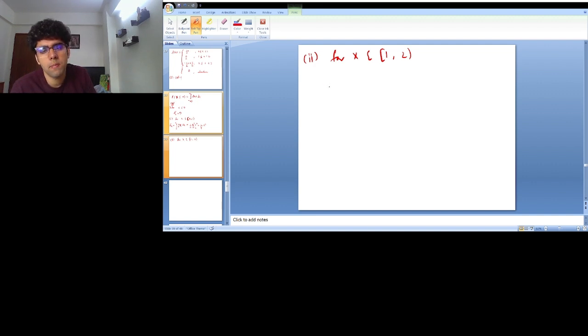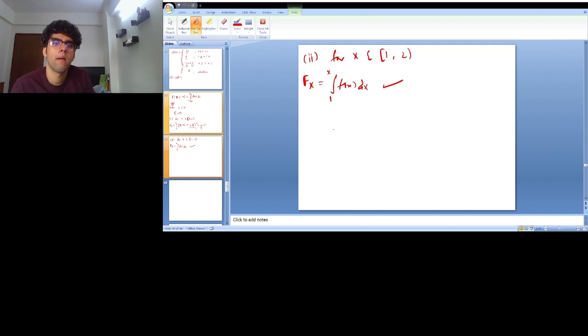When any x lies between 1 and 2, see, if I find the CDF in this case, I'll be putting in the lower limit as 1 and the upper limit as x, and I'll be just integrating this function, right? And this will be my CDF. Am I right? No, I'm wrong.